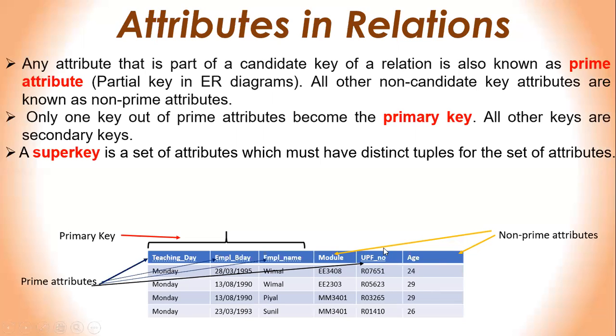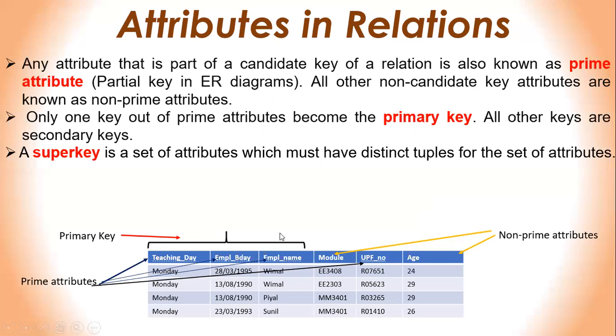But the definition of key is, a key is a minimal super key. That means you cannot remove any attribute from a key without violating it being a super key. For example, if you take these three, these three together will form a key.